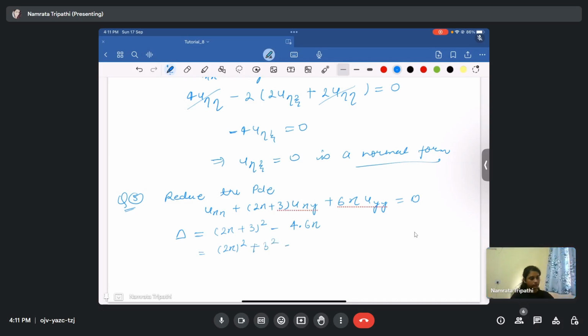It is parabolic for x equals 3 by 2, otherwise hyperbolic. Okay, good answer. This is the correct answer.